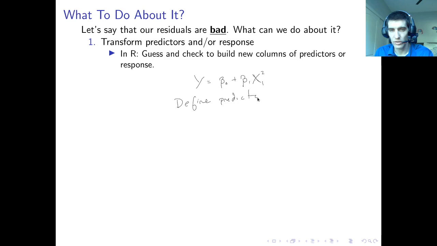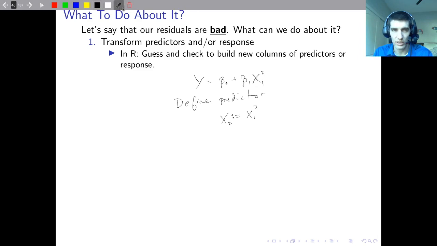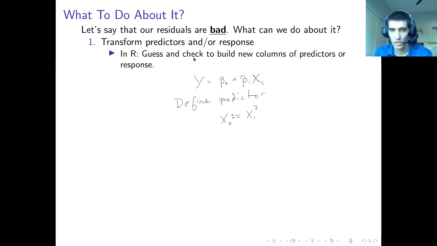x2, and x2 is defined, this little colon equals means I define it as the first predictor squared. It's different information, right? So instead of using a model which is beta 1 x, which looks like this, I can have a model which looks like this: beta 0 plus beta 1 x2, where x2 is just a square.